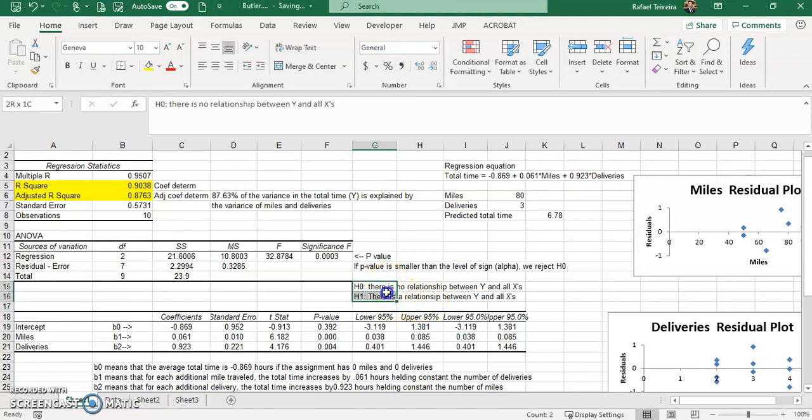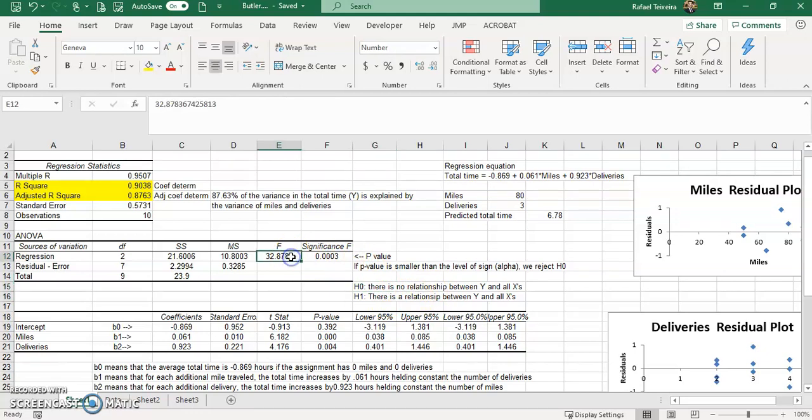Okay, so it's always, the ANOVA test is always about these two hypotheses, regardless of how many independent variables we have in the model. This model has two independent variables. If we have three, there is no relationship between the dependent variable and all three independent variables, and so on. So we have these two hypotheses.